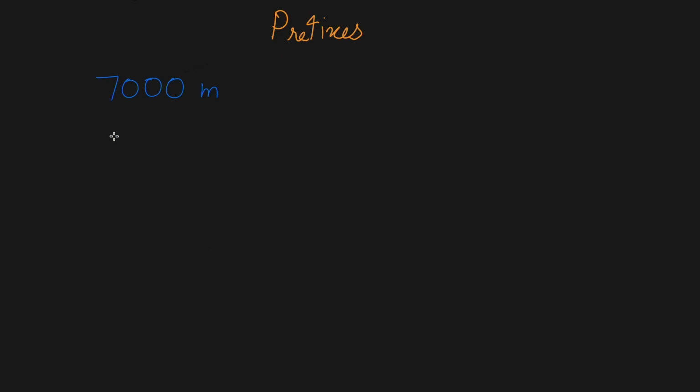In scientific notation, this will be written as 7.0 times 10 power 3 meters. So here we have it written in proper scientific notation. Let's first classify it into three parts. This here, 7.0, will be the numerical form, while this is the tens exponent form, and this here is the physical unit.